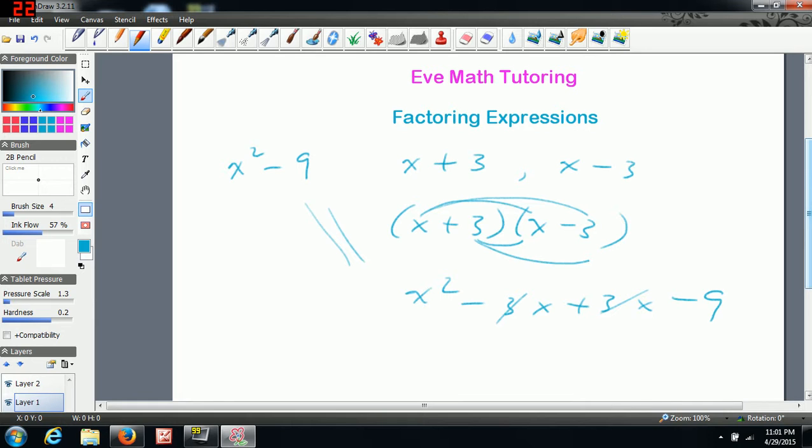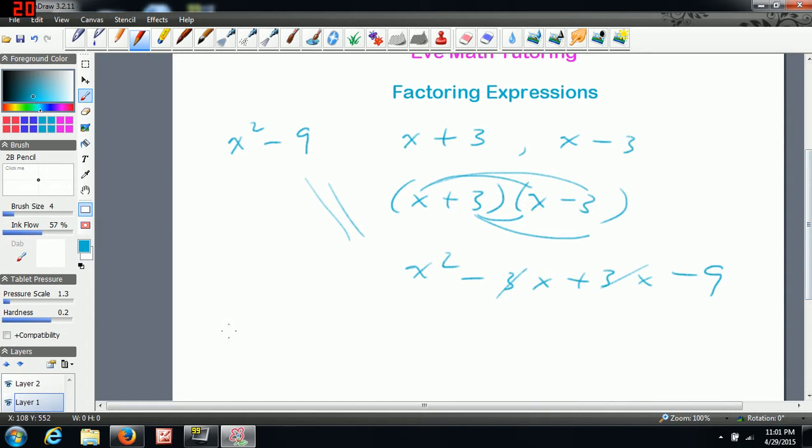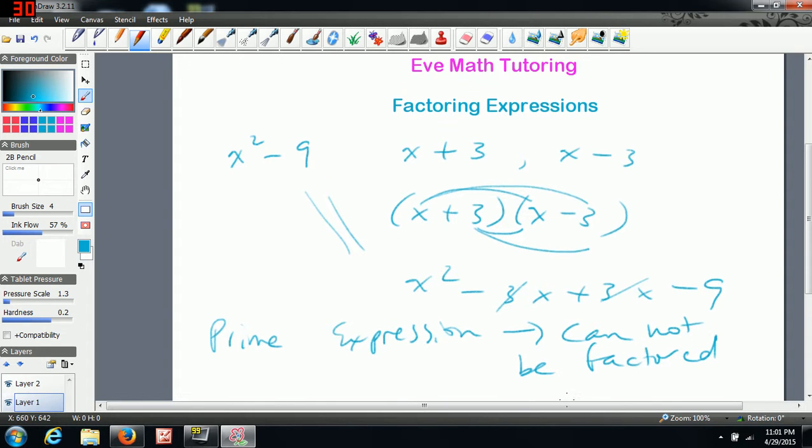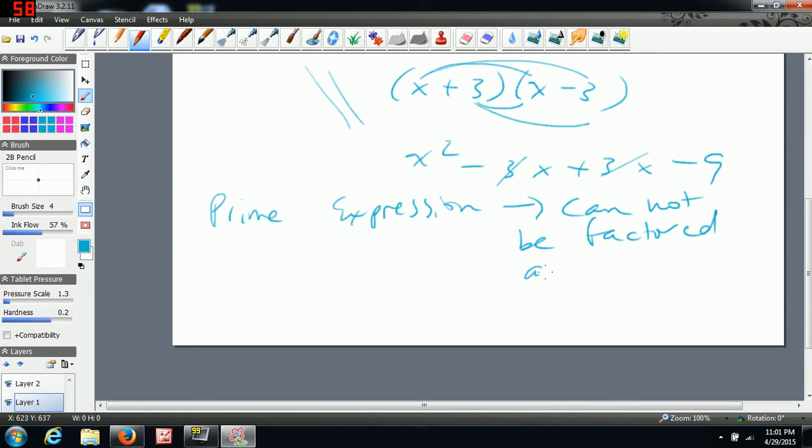Now, if an expression cannot be factored any further, then it's called a prime expression. That means it's fully factored. Some examples of prime expressions could be x.